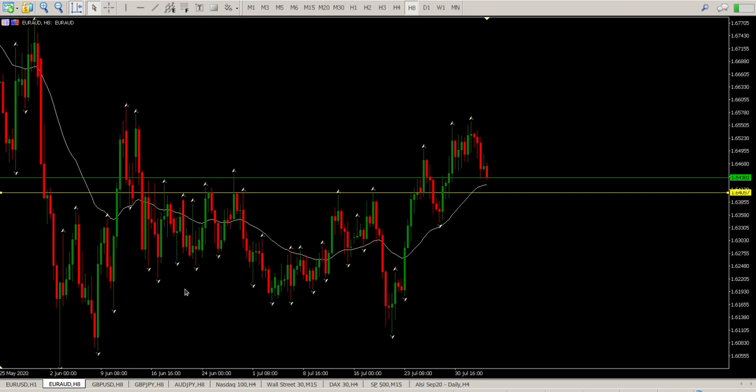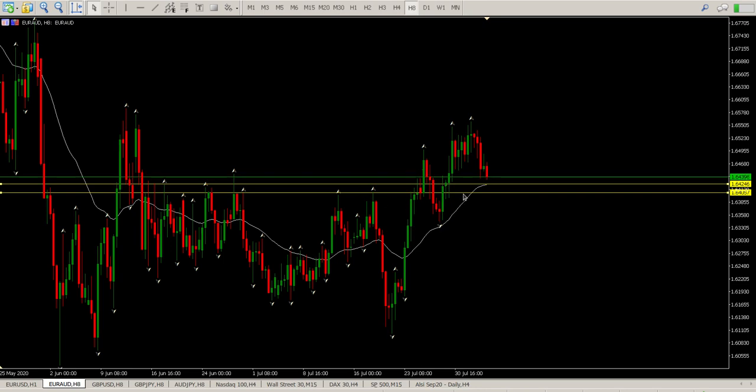Euro Aussie dollar. This is a very interesting one. So, we've had a bit of a break of what looked like a flag, and we're coming into the flag target at the moment. Not really much structure here, but look at this zone that we have here. We have 1.64057, which is a very strong area of support that we broke through.